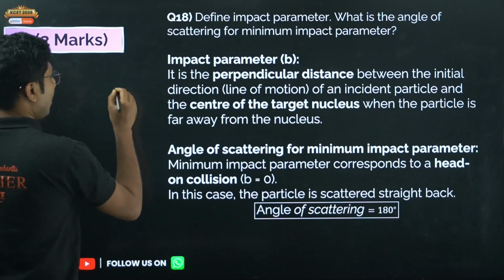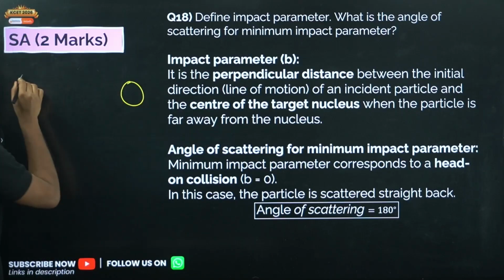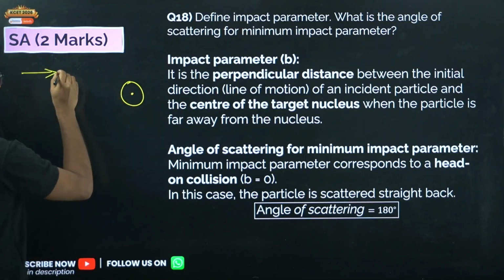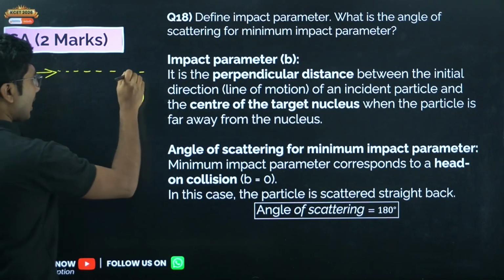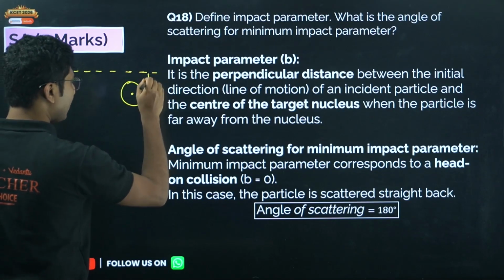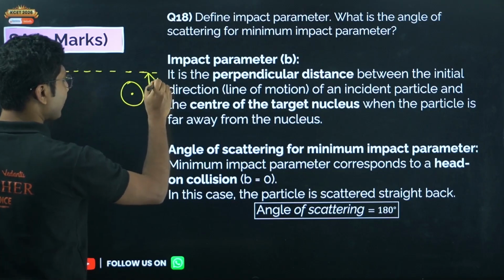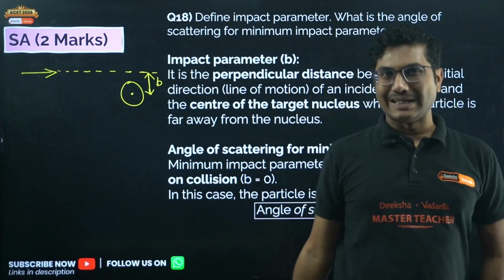Suppose we have a nucleus and an alpha particle which is moving along this line. This is the center of the nucleus. If you continue on this path, the distance between the line of the path and the center of the nucleus is called impact parameter, denoted by symbol b.